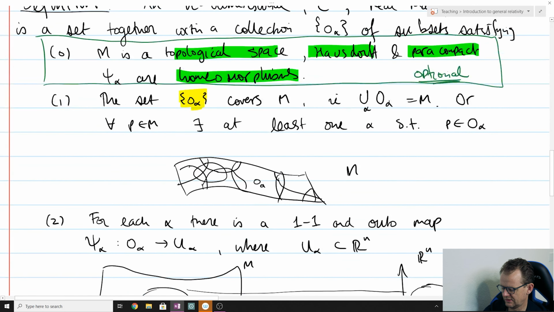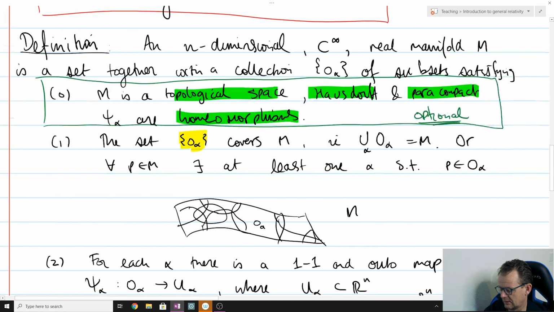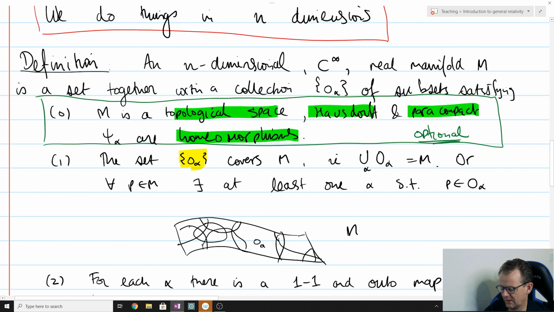The definition says that M is covered by a bunch of these things called O alpha. And if we had chosen a different set of O alphas to cover M, then we would have a different manifold. So, an n-dimensional C infinity real manifold M is a set together with a collection O alpha of subsets satisfying blah, blah, blah. Had we chosen a different bunch of subsets, then we would formally have a different manifold.